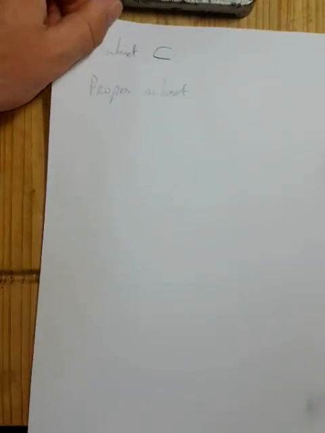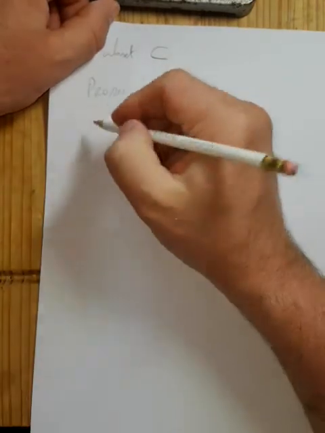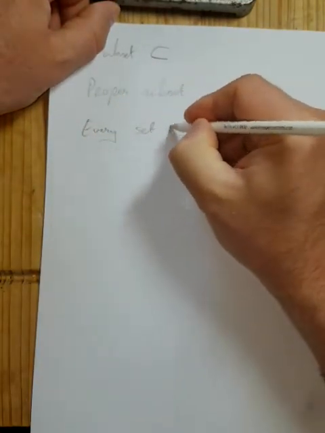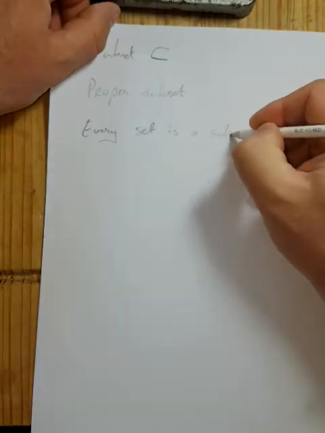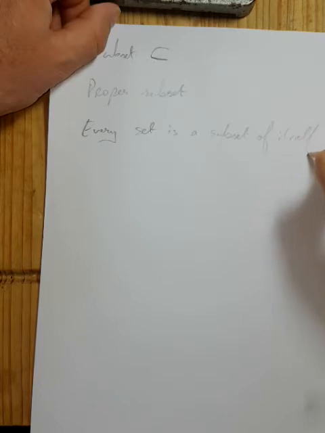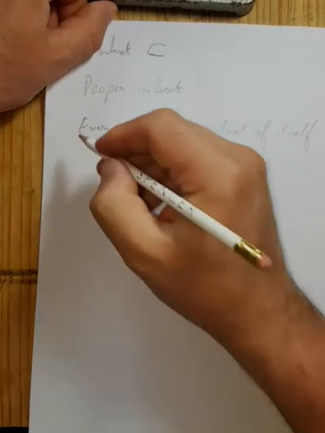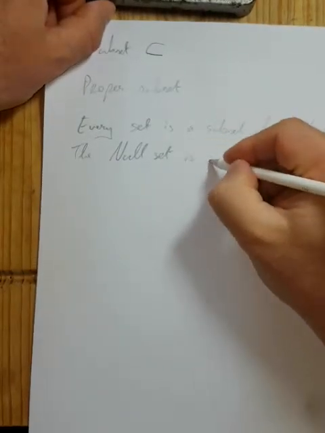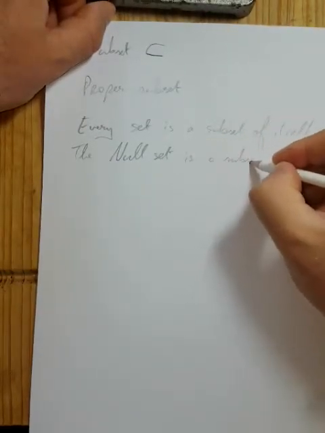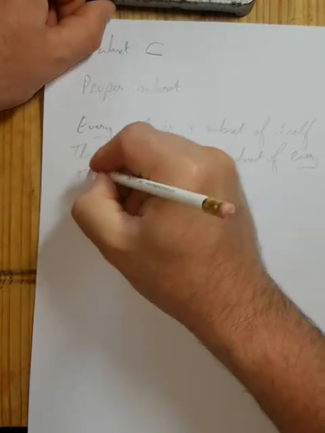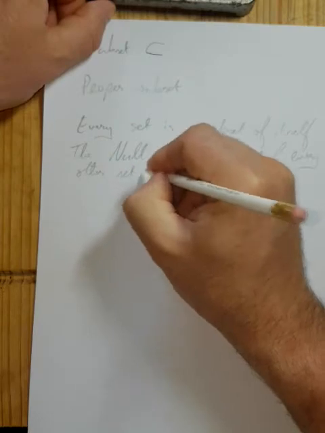Now, things to note. Every set is a subset of itself. And also, the null set, which is the set which has no elements, is a subset of every other set.